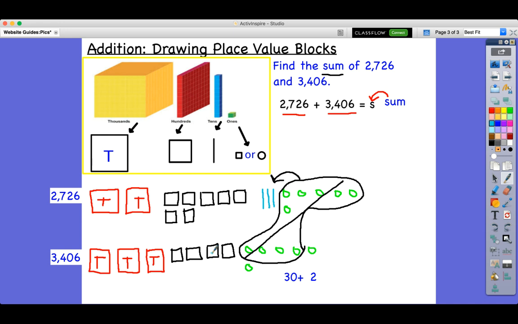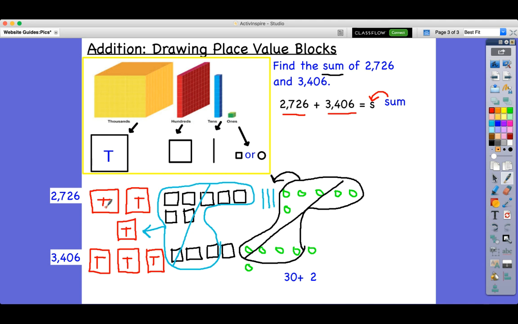So just like I did in my ones place, once I get to 10 of any of these place values, I'm going to make a group of 10, in this case hundreds, because I know that 10 hundreds is equal to or the same as 1,000. So I'm going to cross out this group of 10 hundreds, and I'm going to exchange it for 1,000 because those two are equal.